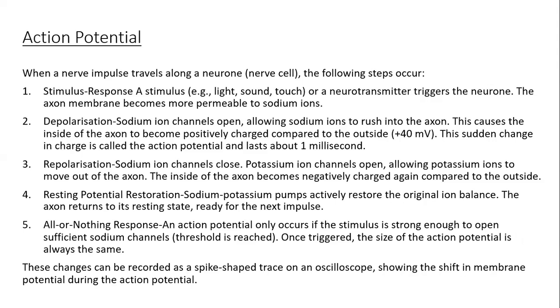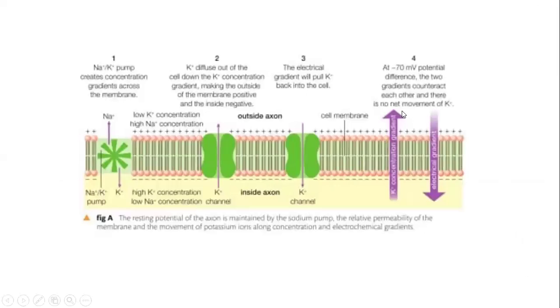So then the axon comes to the resting state again. So this state, right? And it will come to the position like this, right? Sodium is going out, and 3 potassium is going out, right?